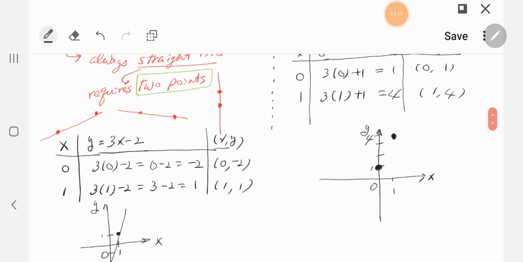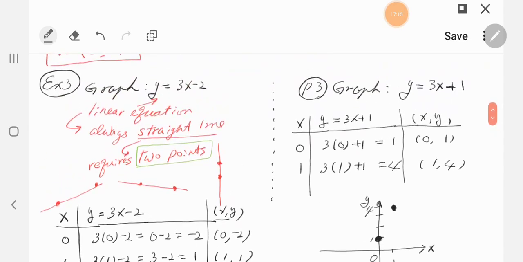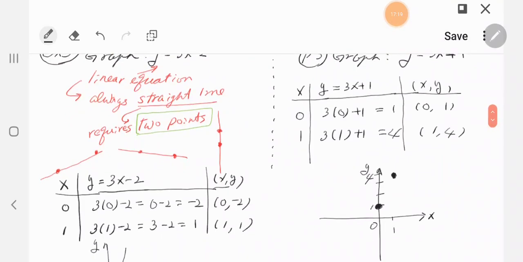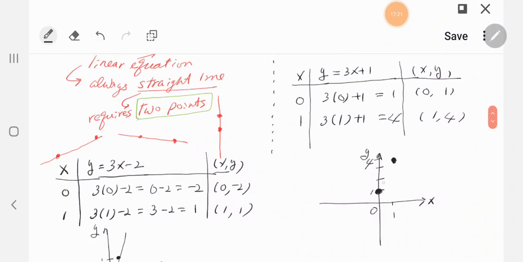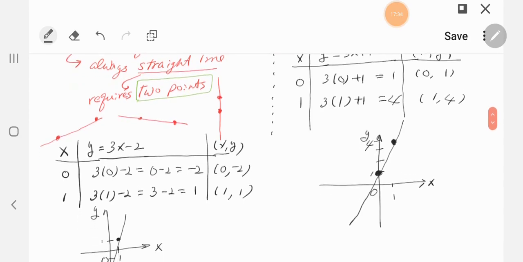And the graph is a straight line. Is it a straight line? Yes, because the equation is y equals 3x plus 1, two variables with exponent 1. So connect these 2 points, and that makes the straight line. That's the graph of this equation.